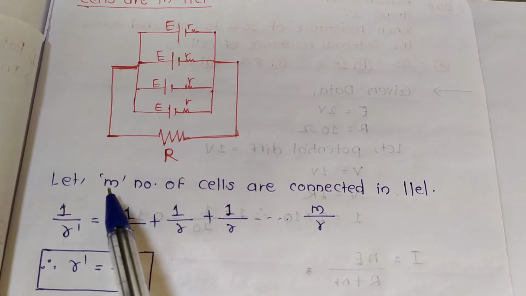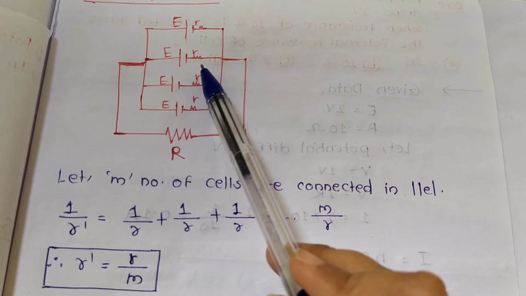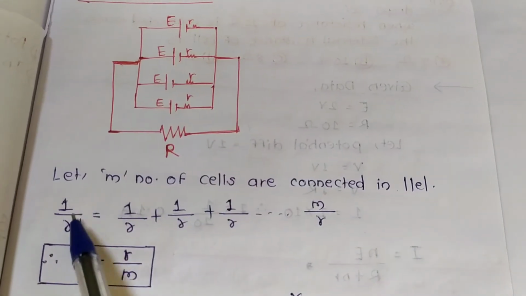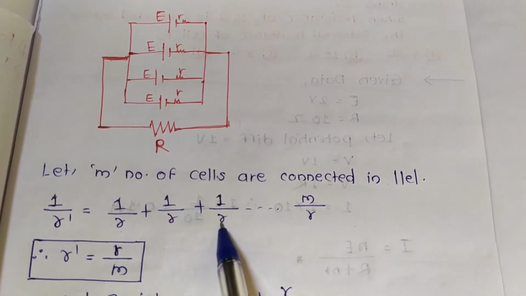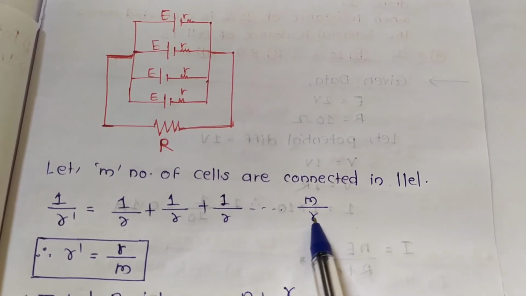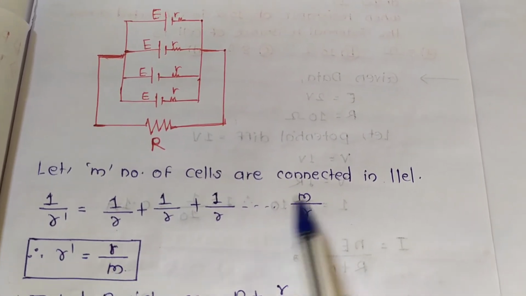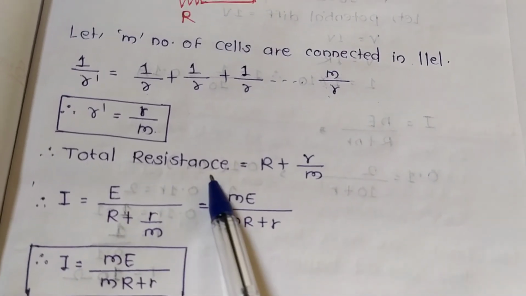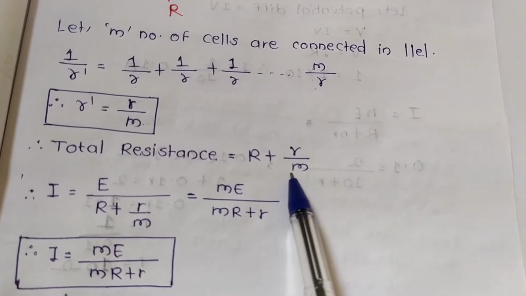If we calculate the equivalent internal resistance, then we get 1 by R dash is equal to 1 by r plus 1 by r plus 1 by r up to M terms, that is M by r. Hence r dash is equal to r divided by M. Hence total resistance is R plus r by M.